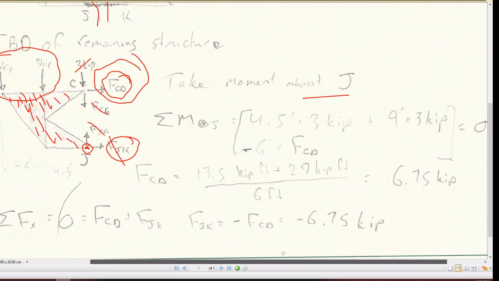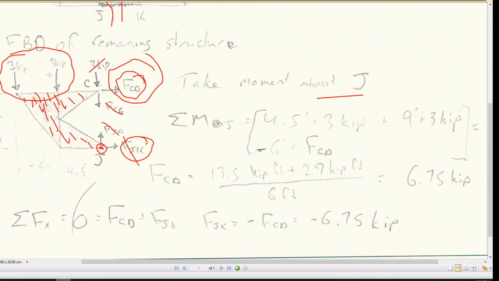So I'll just add those up. Taken about this point, these two forces here are both causing counterclockwise moments, so those will be positive moments. FCD, on the other hand, will be causing clockwise rotation, so that'll be a negative moment.